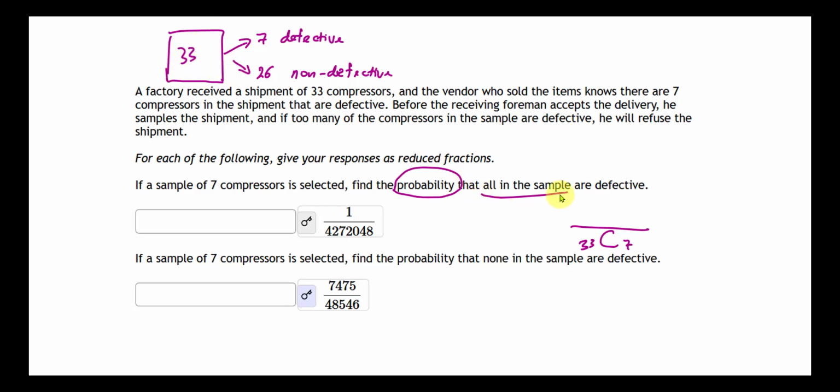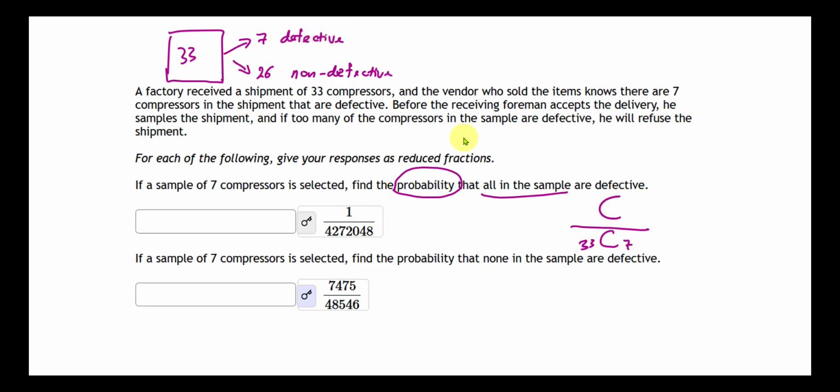And now we want all the items in the sample to be defective. What is the chance of selecting 7 compressors that are all defective? That means we want to pull out all of them from the list of defective items.